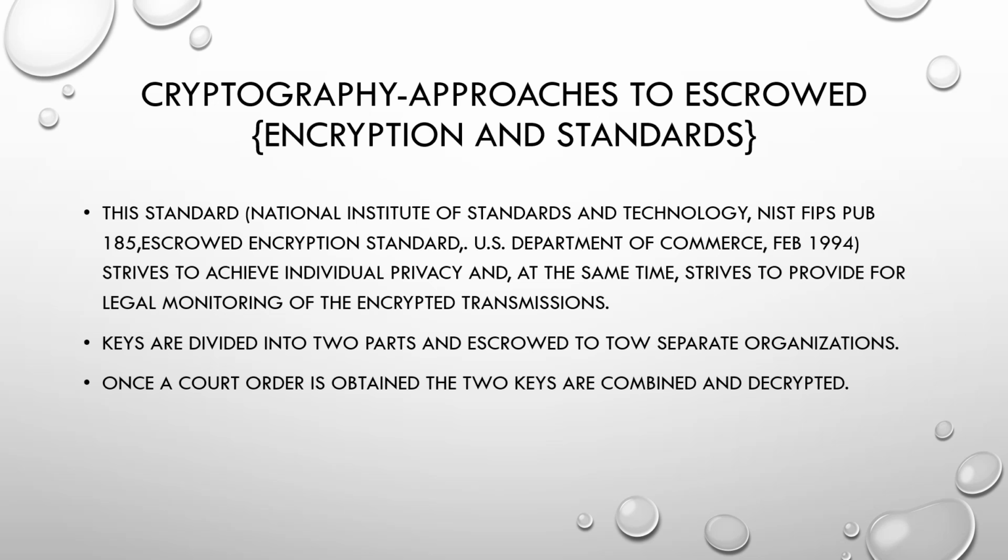So basically, we are seeing here that in order for successful decryption to take place, remember we discussed in the previous slide that it is illegal for citizens' privacy data to be exposed, right? So a court order needs to be obtained, and then the two separate parts of the keys are combined before you get access to decrypt the encrypted information.